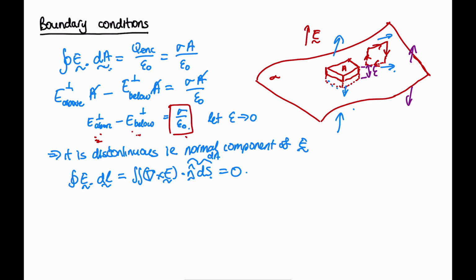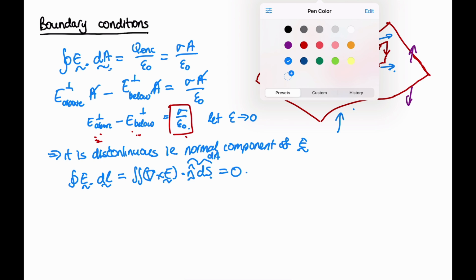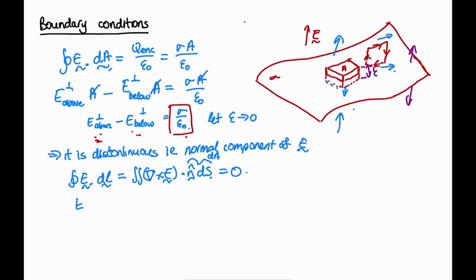So if we want to write it out in full, E above parallel times L minus E below parallel times L is equal to 0, which tells us that E above is equal to E below.